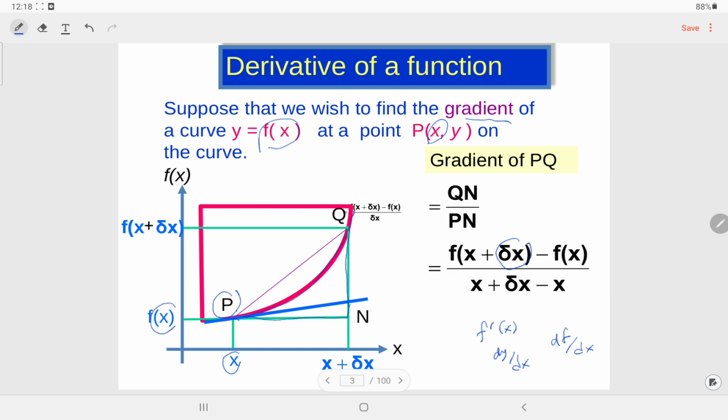We have f(x), and then the change from f(x plus delta x), from here to here, the point, minus f(x), over x plus delta x minus x, the change of delta x. The delta x just now represents a change in the value of x, so here x, and then this one x plus delta x.